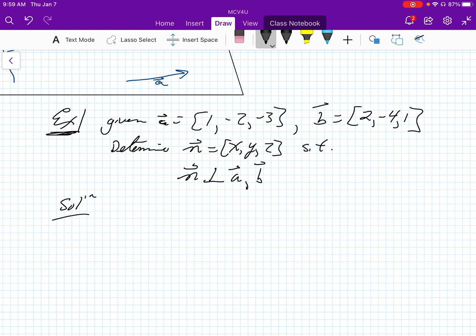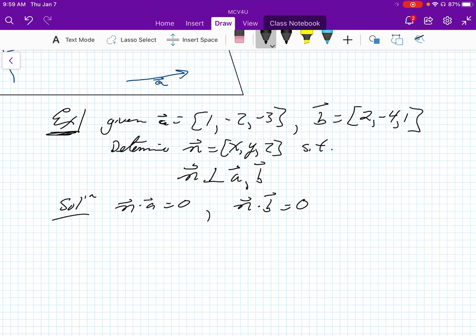Again, since they're perpendicular to A and B, then we can say that n dot A is equal to 0 and n dot B is equal to 0. Okay, so n dot A, let's take a look at it. Remember, we're multiplying and adding the components together.